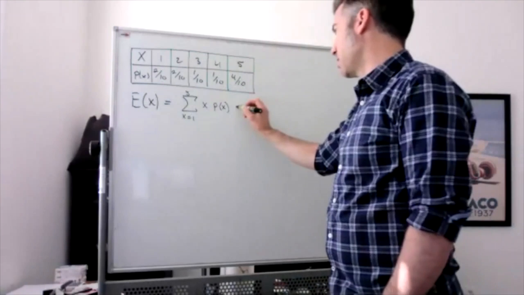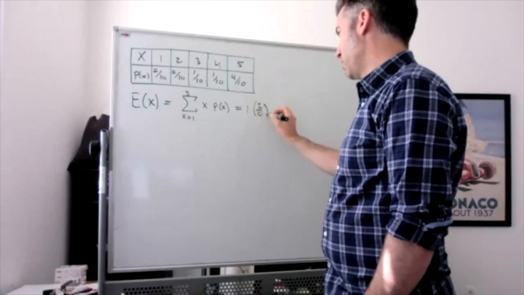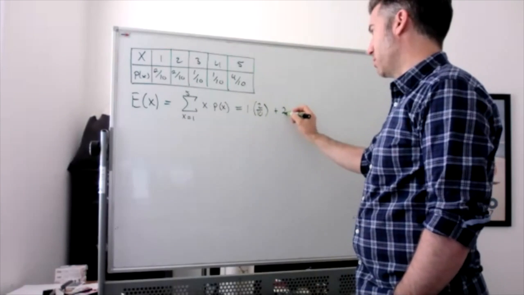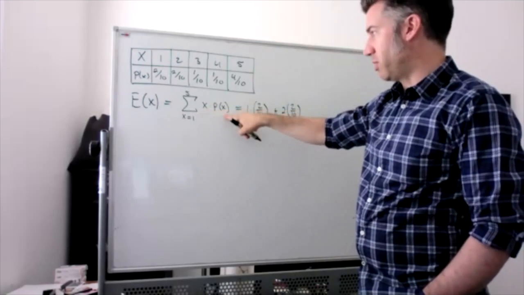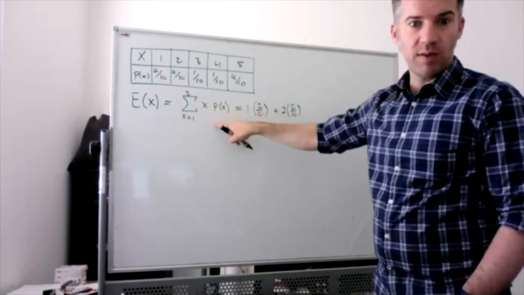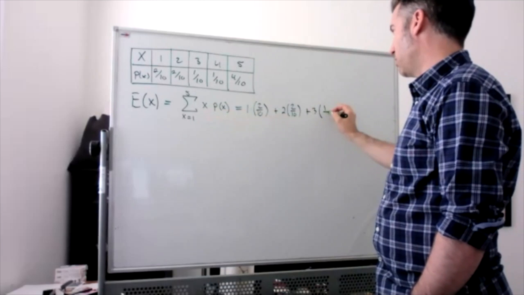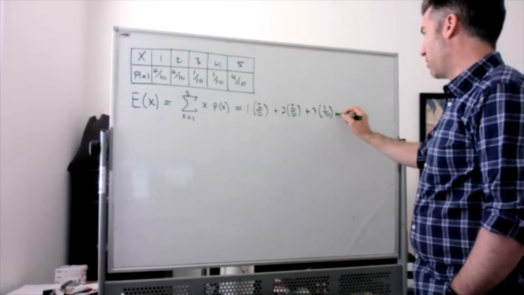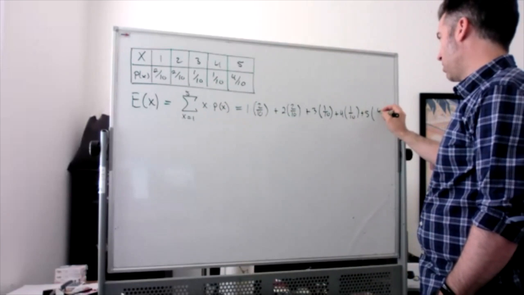You're taking every value of x and multiplying it by its corresponding probability. So it's the value of 1 times the probability of 1, the value of 2 times the probability of 2, plus the value of 3 times the probability of 3, plus the value of 4 times the probability of 4, plus the value of 5 times the probability of 5.